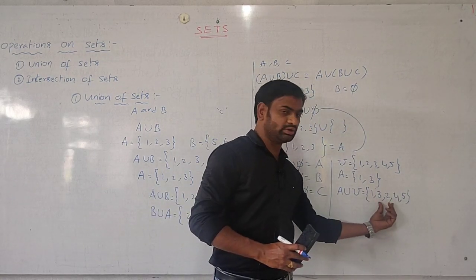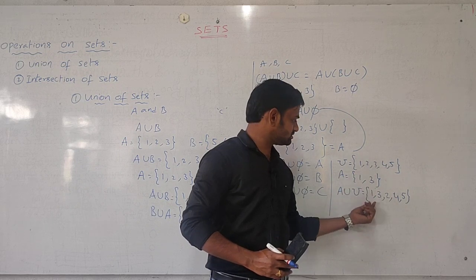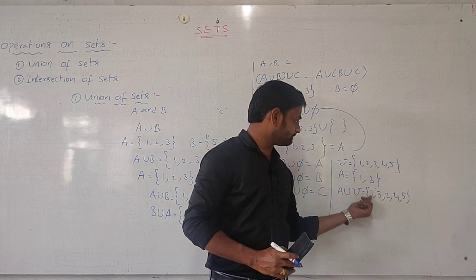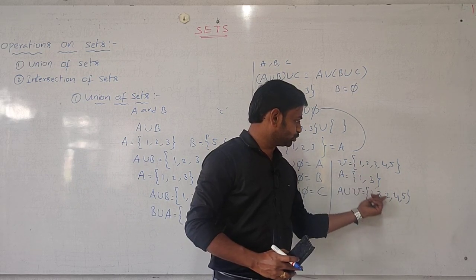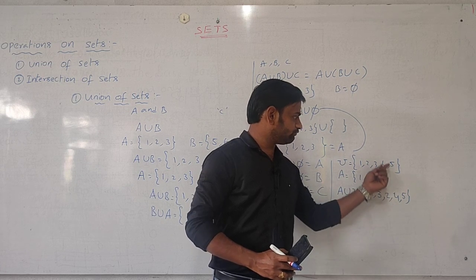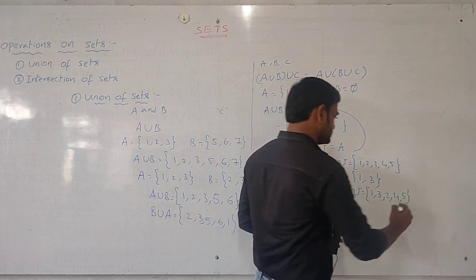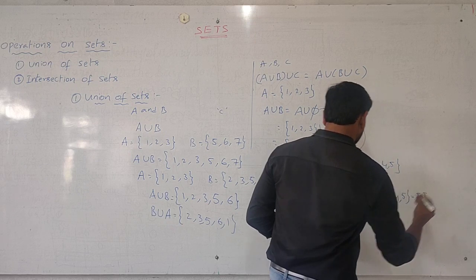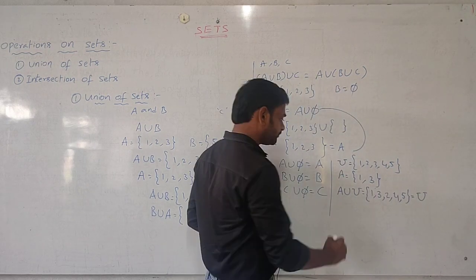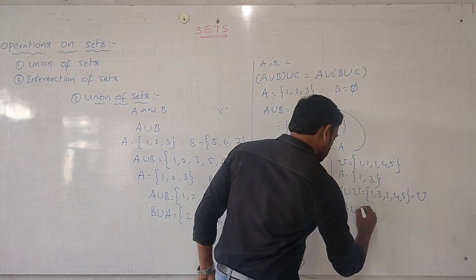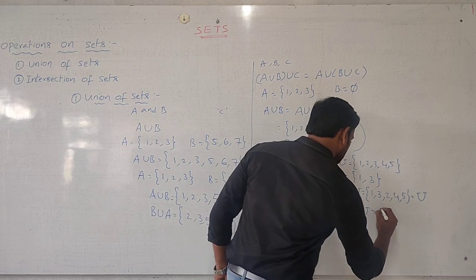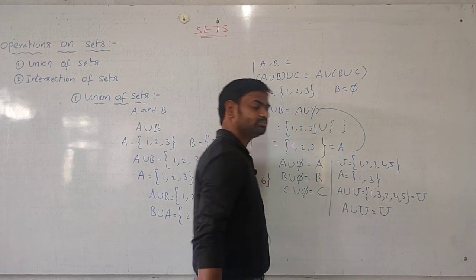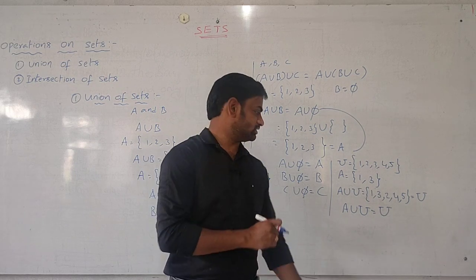Now see here. Is it equal to U again? Yes. Same elements. So it is equal to U. So what to understand from this one? A union U is equal to U. See here.